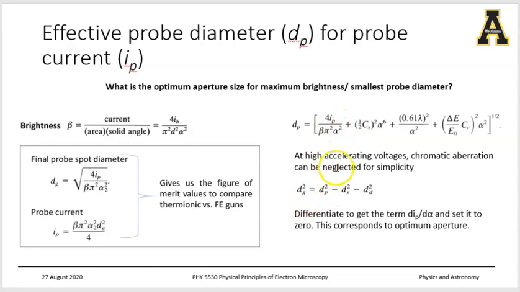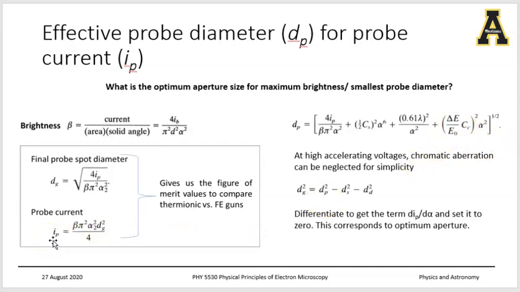You rewrite the equation so that dG squared is now dP squared minus dS squared minus dD squared, and we are getting rid of the last term, which is from the chromatic aberration, because at high accelerating voltages you can neglect that value. It becomes insignificant, but it does have some role to play at low acceleration, and we may discuss that later, if time permits.